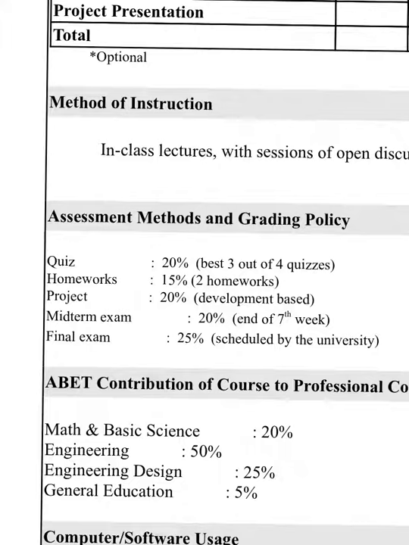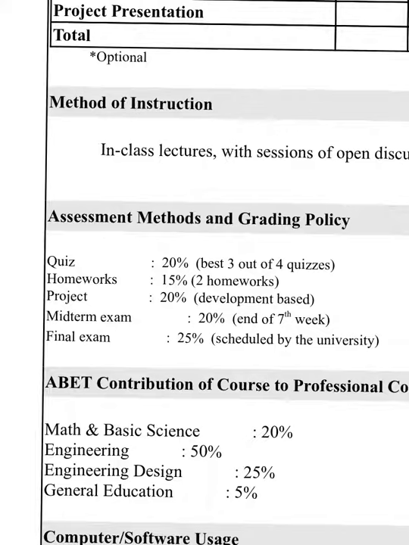So first, we will have 4 quizzes. Okay. These quizzes will cover the different parts of the course. So each quiz is going to cover around 2 chapters in the book.